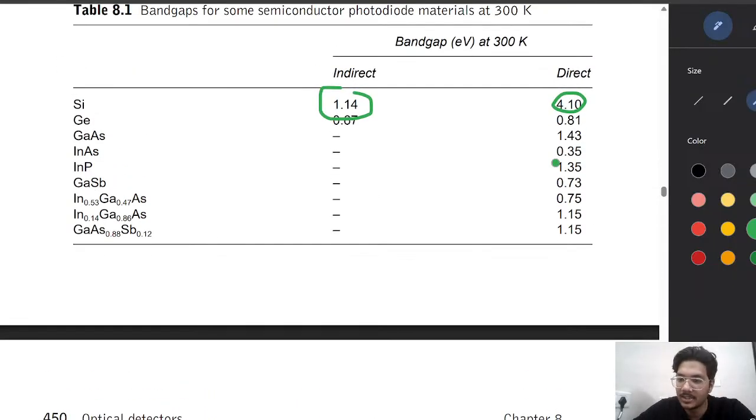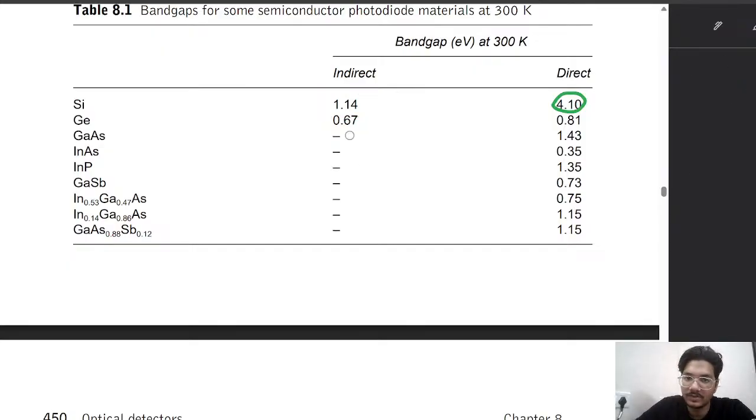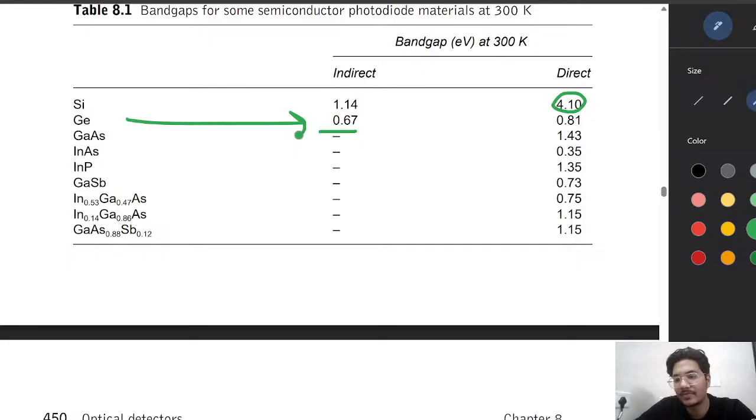But the germanium absorption behavior: the indirect band gap is 0.67 electron volt. You can see that the indirect band gap for germanium is 0.67 volt, and the direct band gap is 0.81. For wavelength less than 1.5, the photon energy is greater than 0.81, so direct transition is possible and germanium becomes strongly absorbing.